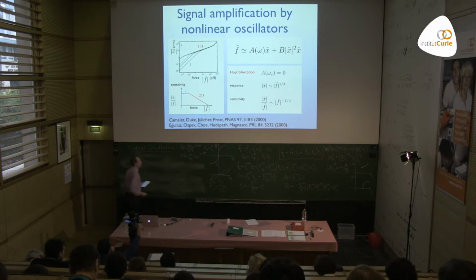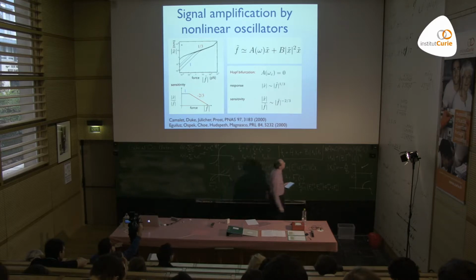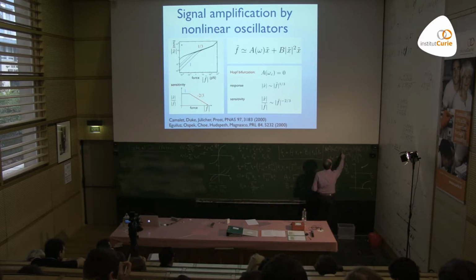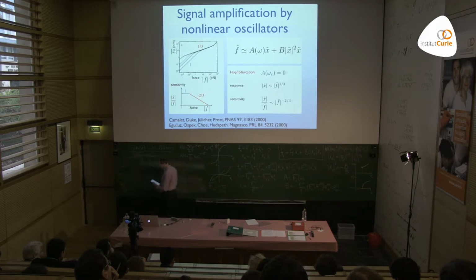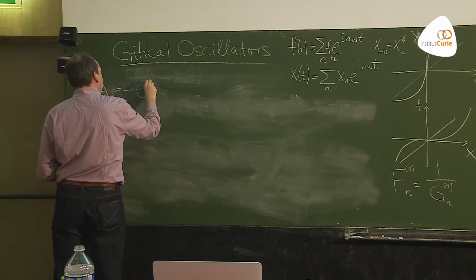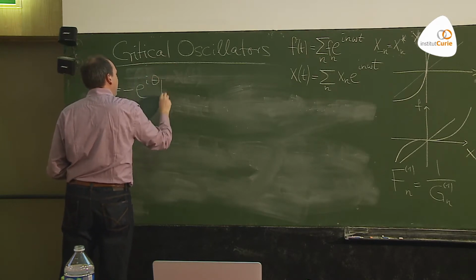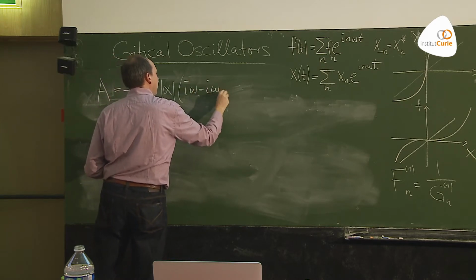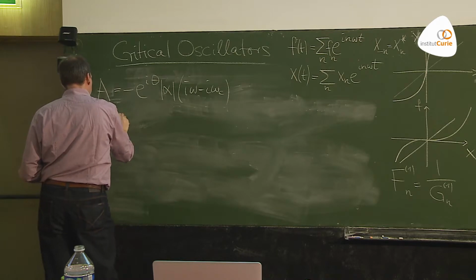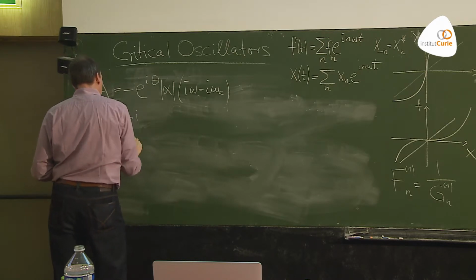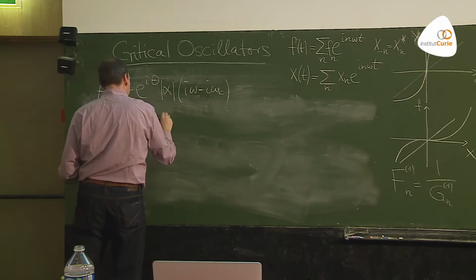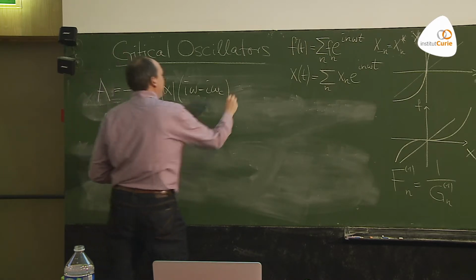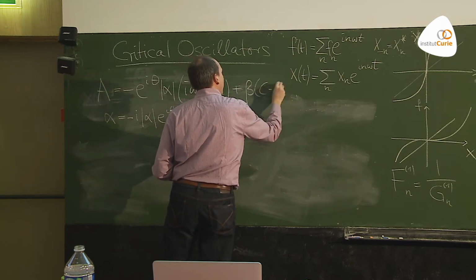Alpha is a complex coefficient, and it is useful to pull out the imaginary factor i, as you will see in a moment. So I will write A as a phase, which I call theta, and a modulus of alpha, and then I write it as i omega minus i omega c. So I've chosen to represent alpha by pulling out an i, its modulus, and some phase. And I leave beta as a complex number times Tc minus c.